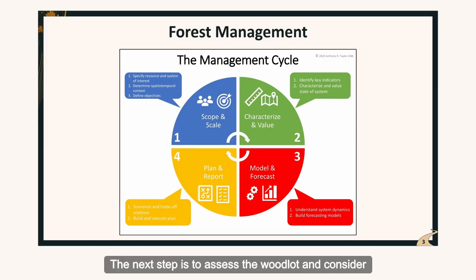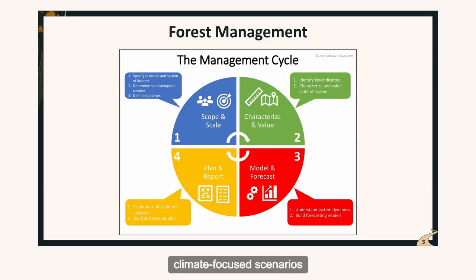The next step is to assess the woodlot and consider climate-focused scenarios before choosing a final management plan. This is where we look at meaningful indicators in a changing climate, for example, species diversity or carbon stocks. Climate-related risks must also be considered.